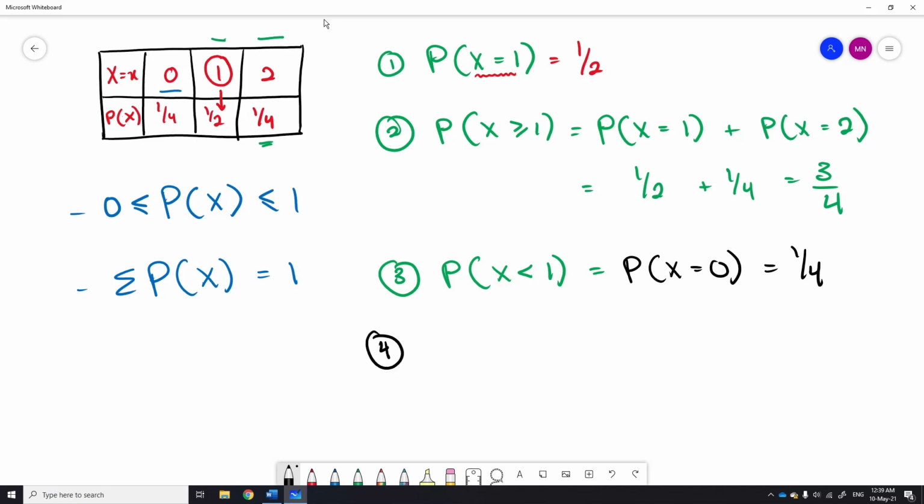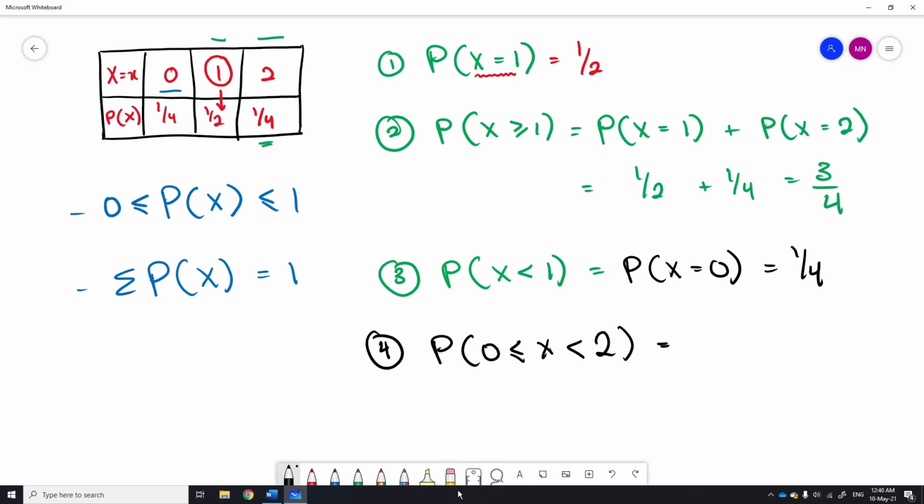Question number 4: probability of 0 less than or equal to x less than 2. Okay, no equal right here.